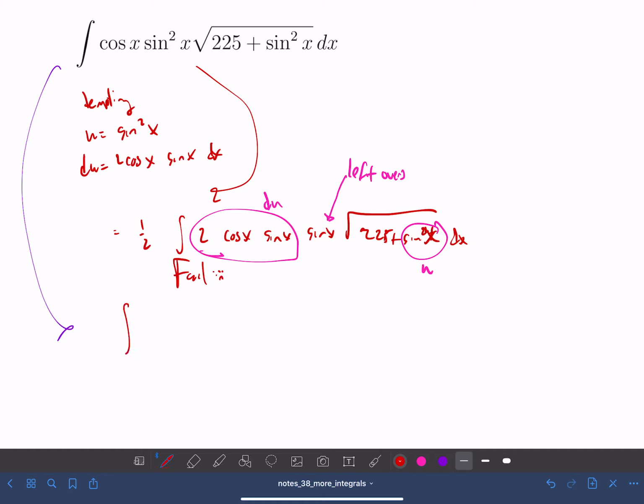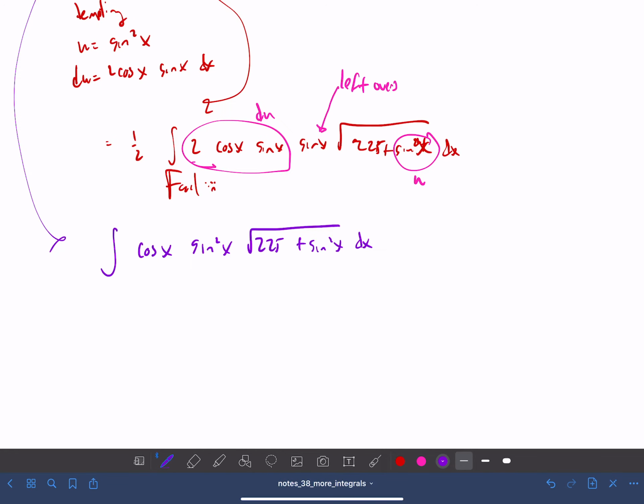So let's start over. The integral of cosine of x sine squared x root 225 plus sine squared x dx. Pause the video and try something else. Unpause. Okay, so let's try. I think that I should let that right there be equal to, oh, no, we already tried that.